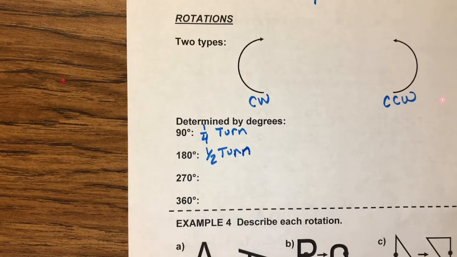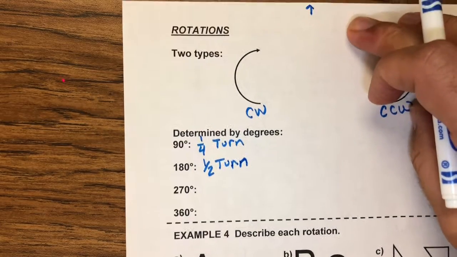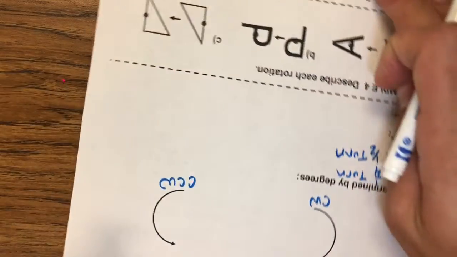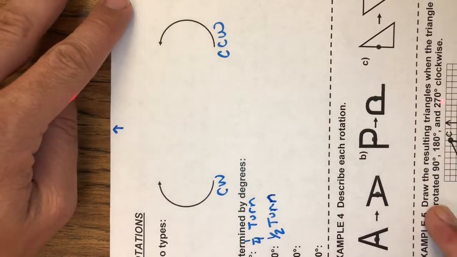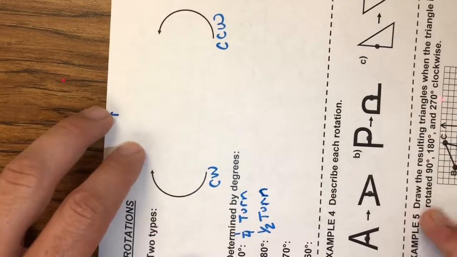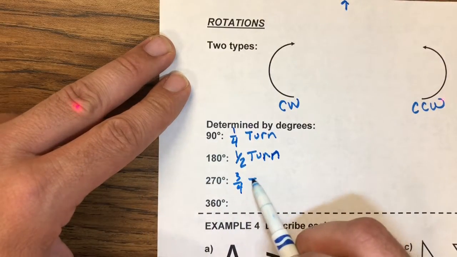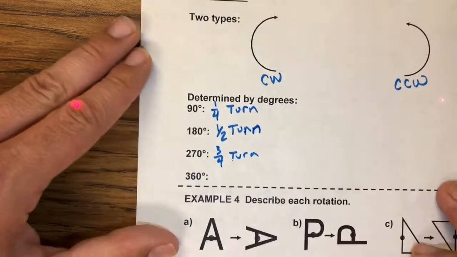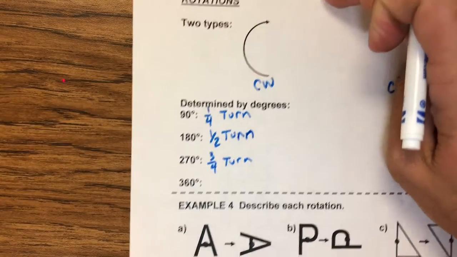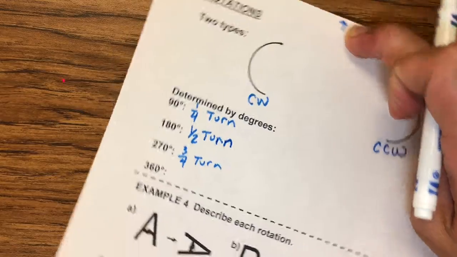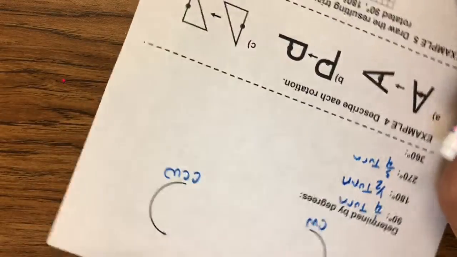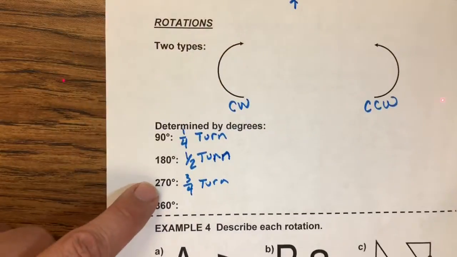Okay, and then a 270, that's going to be a 3/4 turn. So if I start here and I rotate this all the way around to there, that's a 270 turn. So 3/4 turn. And then 360 would be when you start here and you rotate all the way around back to where you started.